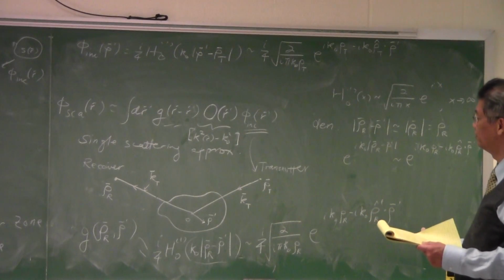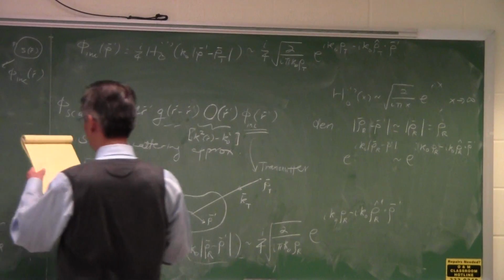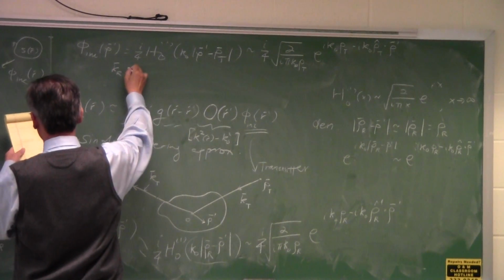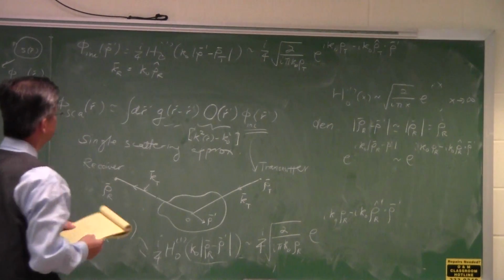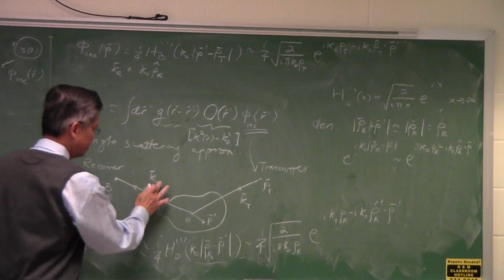Okay, I'm going to further say that KR, the K vector that points in the R direction, is K0 rho R hat. Okay, KR points in that direction. Sorry, this is KR.